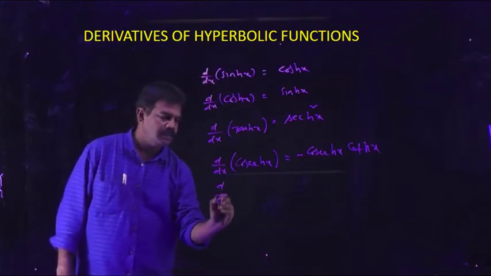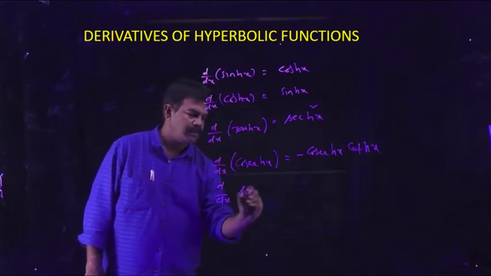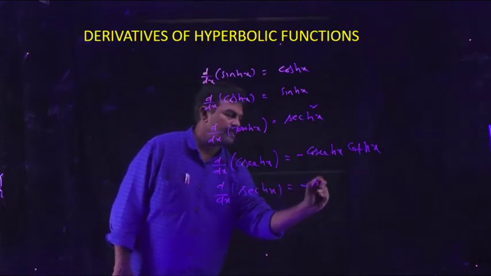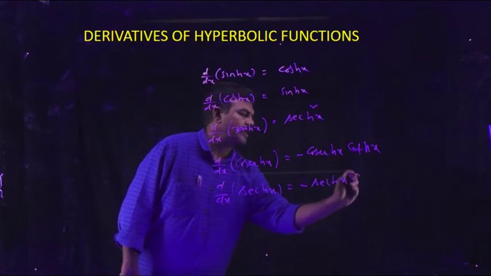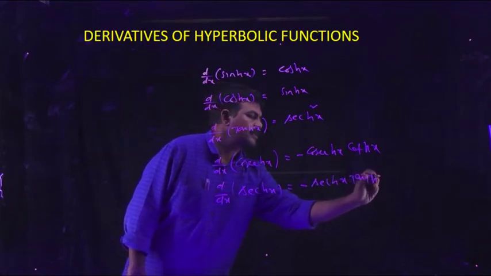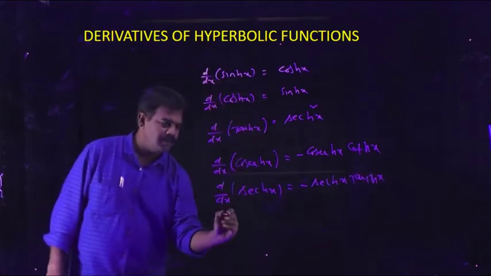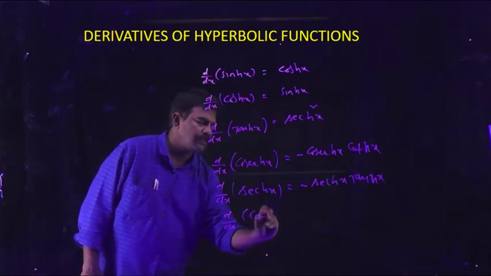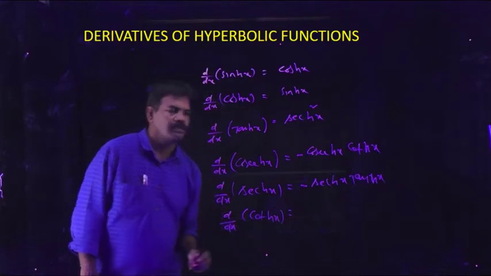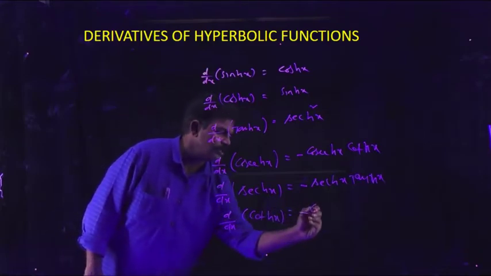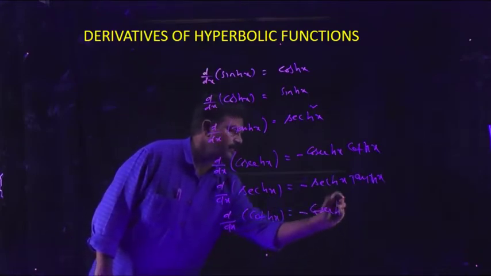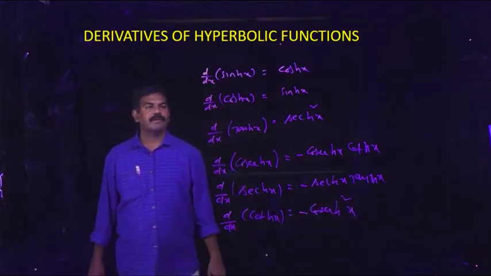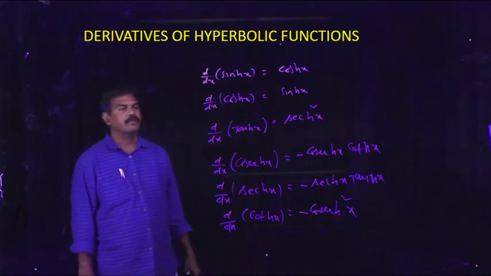Next, d by dx of sech x is equal to minus sech x tanh x. Next, the last one is d by dx of coth x is equal to minus cosech square x. Okay, these are the formulas for the derivatives of the hyperbolic functions.